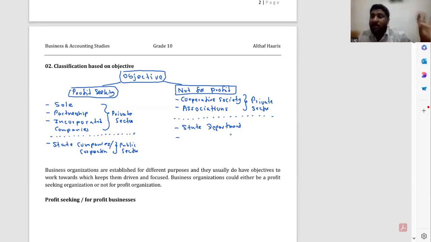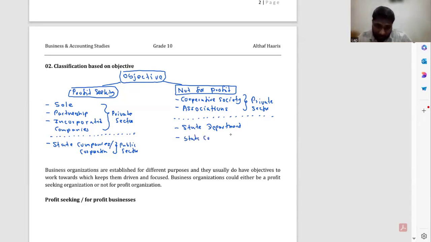They are running the business solely for the purpose of making profits. And there are certain government businesses whose purpose is not making profits, but to give something good for the society. I will come to those examples later.